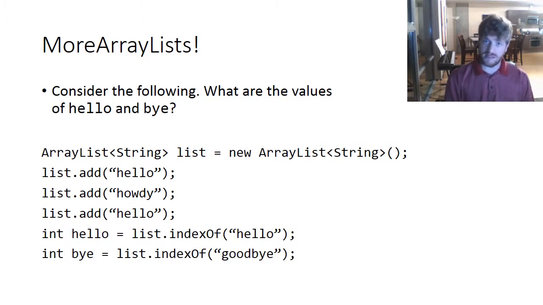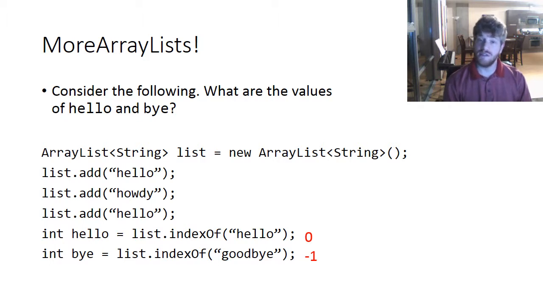Now, same list, but instead of Booleans this time I have integers, and I'm calling indexOf. So what are the values of hello and bye going to be? Hopefully you said 0 and -1.